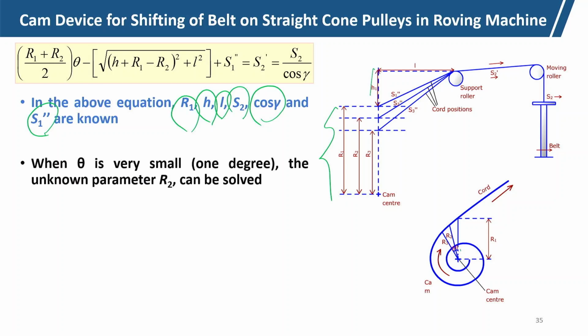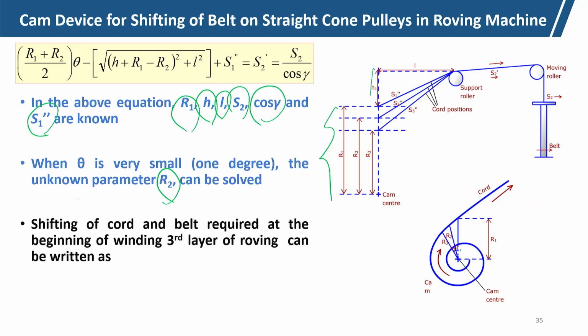When theta is very small, so 1 degree, the unknown parameter R2 can be solved. So, for very small theta shifting, R2 is the unknown parameter, because maximum distance is known.